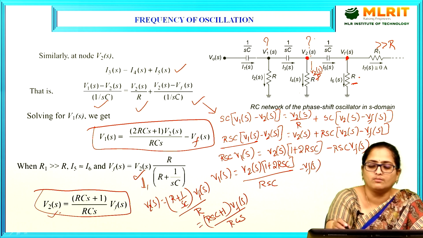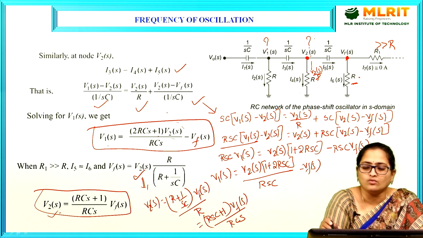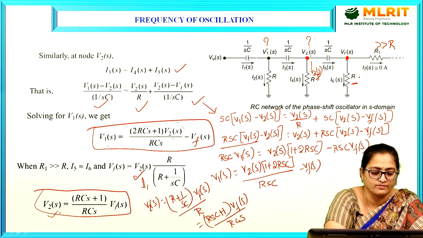Here we have determined two equations, across the node V1(s) and across the node V2(s), and at node Vf(s) you got V2(s).